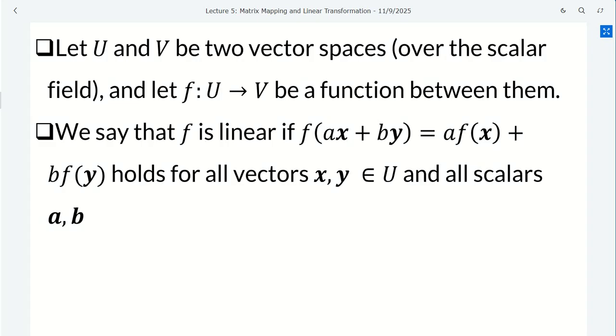Let's have a vector space U and a vector space V. If I want to map from vector space U to vector space V, I can have this. You remember we spoke about linearity and bilinearity when we were talking about vectors.